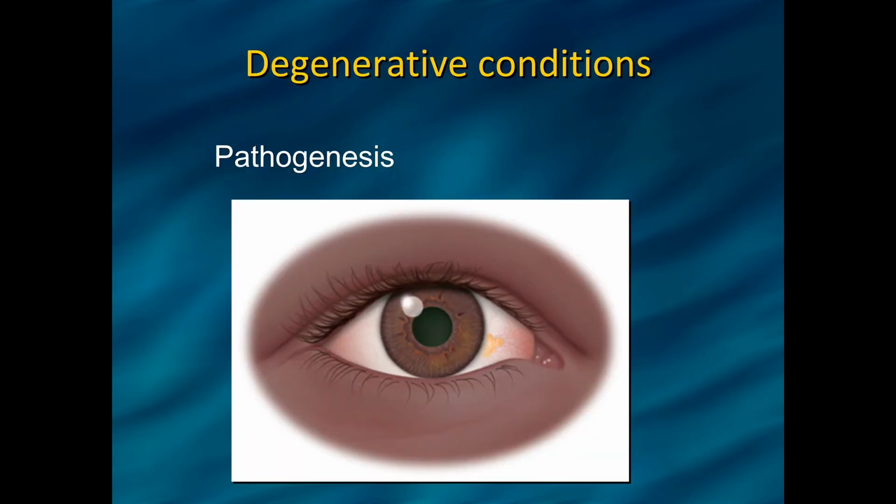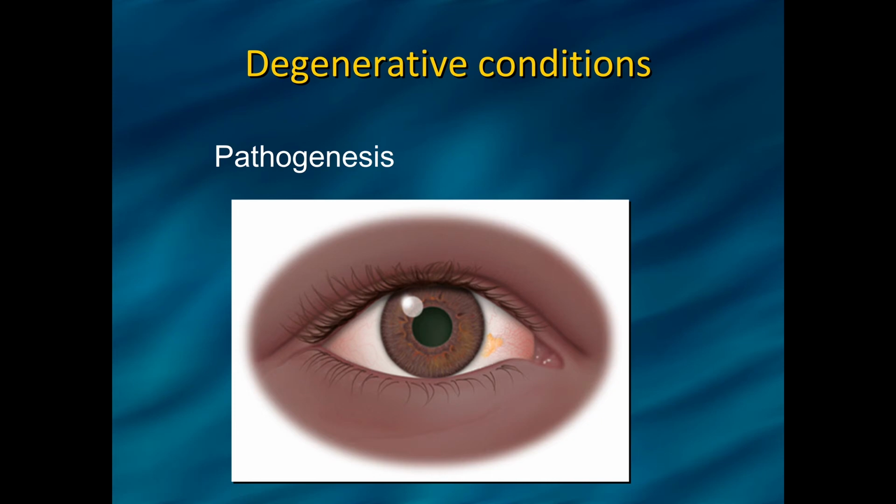Now we are going to move to the degenerative conditions of the conjunctiva, and we'll start with what's called the pinguecula. The pinguecula in Arabic is called al-shahma, because it looks like a fatty thing in the nasal part of the conjunctiva. This is a very common condition.